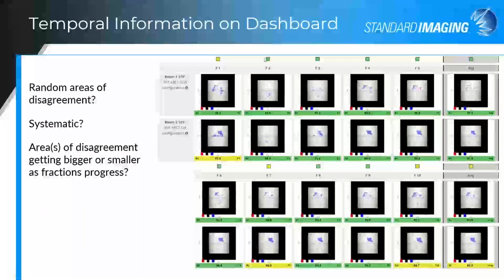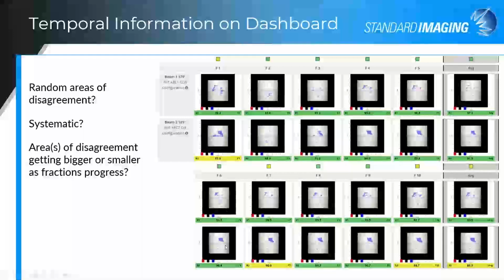So then this is a snapshot of some of the pages when you come into a plan to analyze the plan in our software. You're going to get information like this. This is basically a plan that contains two beams, and this is an arc. And essentially you can see the results for fraction 1 with an average.